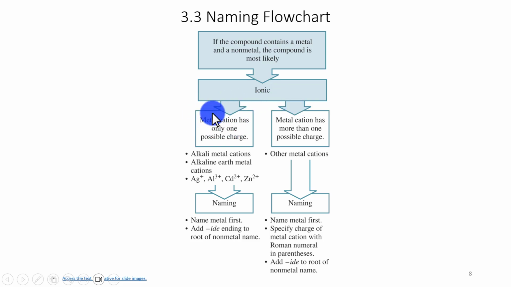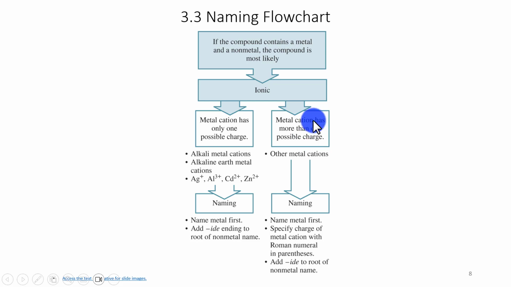If my metal cation can only form one charge, so if it's a group 1 alkali metal cation or a group 2 alkaline earth metal cation, or these exceptions from the transition elements, then I just write the name of the metal followed by the nonmetal ending in IDE.